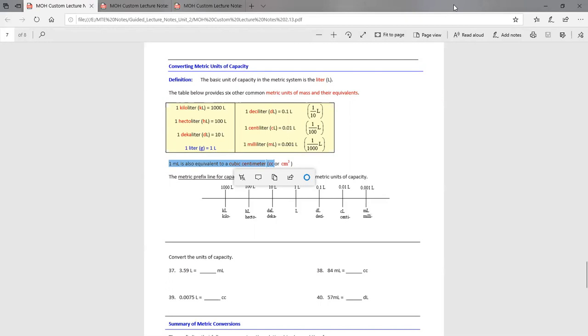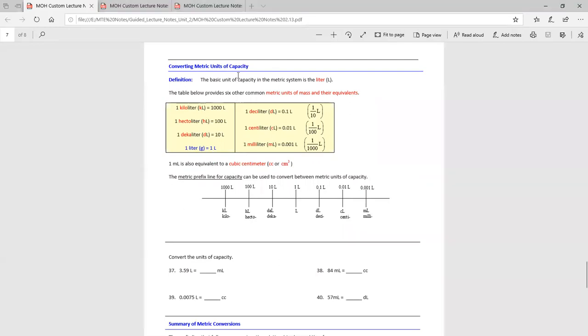If you notice in examples 38 and 39, they're using cc instead of ml or dl. So when they say cc, it's the same thing as asking us to convert to milliliters. Milliliters and cubic centimeters are equivalent. So if I ask you to convert to cc, this is your destination at the far right of that line.